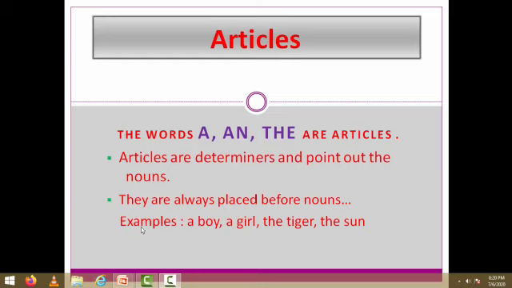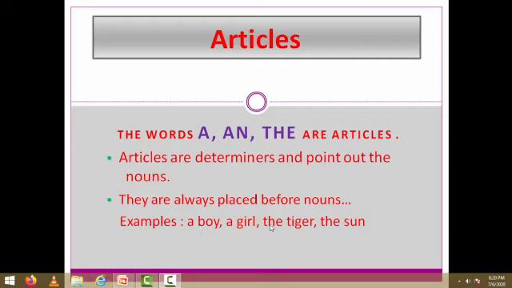For example, just look at these examples: a boy, a girl, the tiger, the sun. Boy, girl, tiger, sun are all nouns. A and the are articles. Before these nouns, articles are placed.